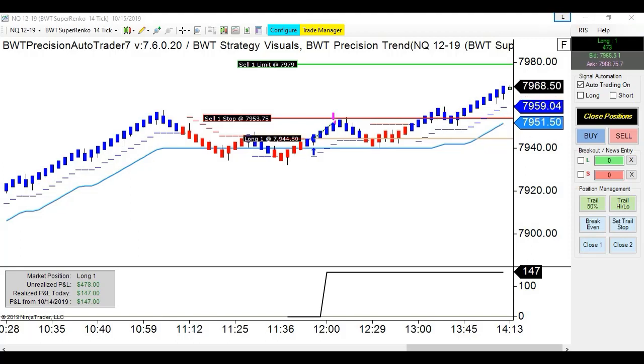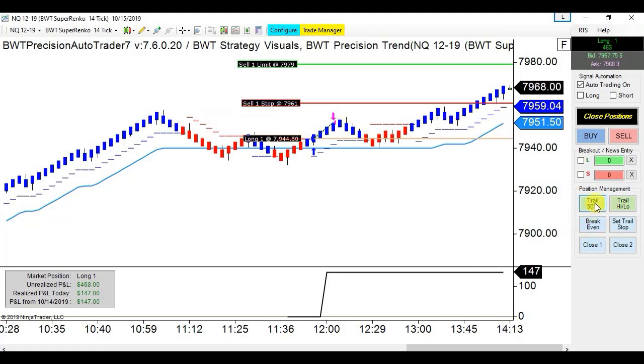So they continue to slowly grind higher, but higher they go. You know what? I'm going to just continue to trail by 50%. Going to tighten up a bit. An hour and 45 minutes left.